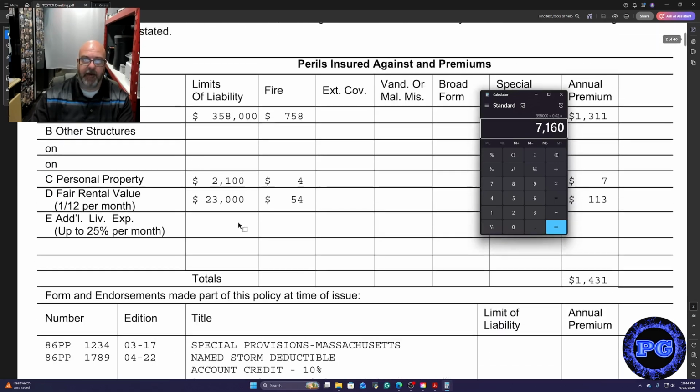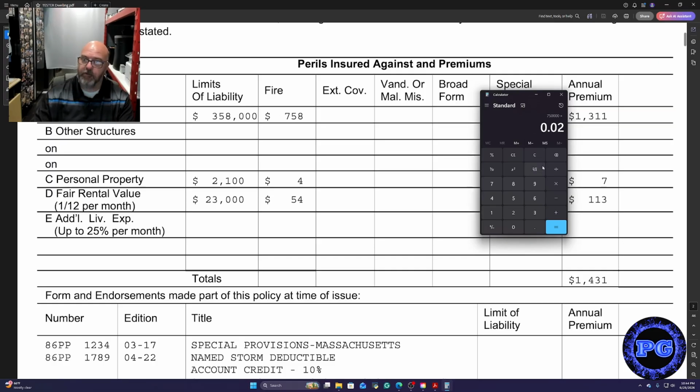And this is a lower coverage A. With inflation over the last few years, you're seeing homes a lot more than that. Like, let's say you had a $750,000 home, right? To rebuild. Remember, it's not market value. This is building supplies and labor and all that fun jazz, right?